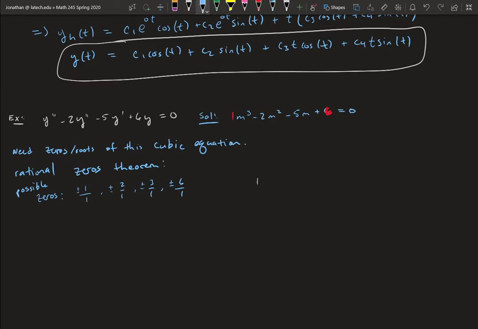So we have 1, negative 2, negative 5, 6. I'm going to try 1 first. Bring this straight down, get a 1, multiply, put it here, we get a 1, add these, we get negative 1, and then we multiply, stick it here, we get a negative 1, add them, we get negative 6, multiply, stick it here, negative 6, add them, we get 0.